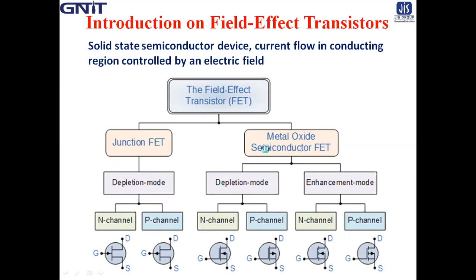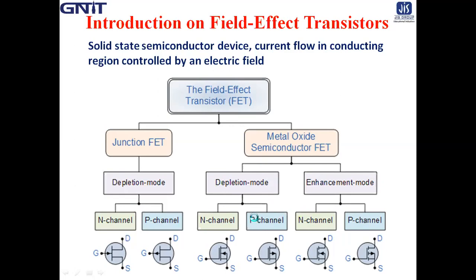And MOSFET, metal oxide semiconductor field effect transistor, is divided into two parts. One is depletion mode and the other is enhancement mode. And both depletion and enhancement mode are again two types. One is N channel and the other is P channel.